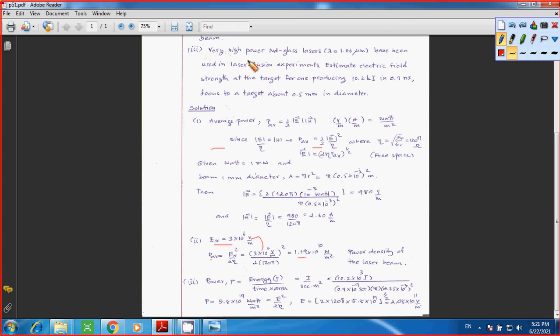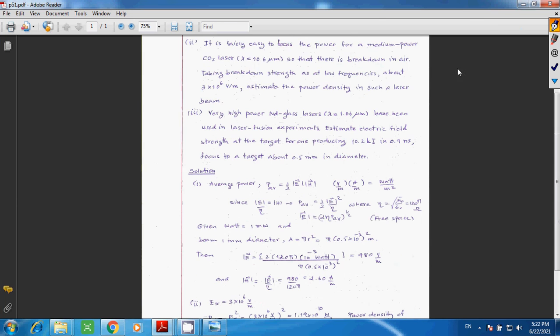For number 3, system 3, really high power in the class laser, lambda equal to 1.06 micrometer. That's your lambda, much less than the lambda of a carbon dioxide laser.